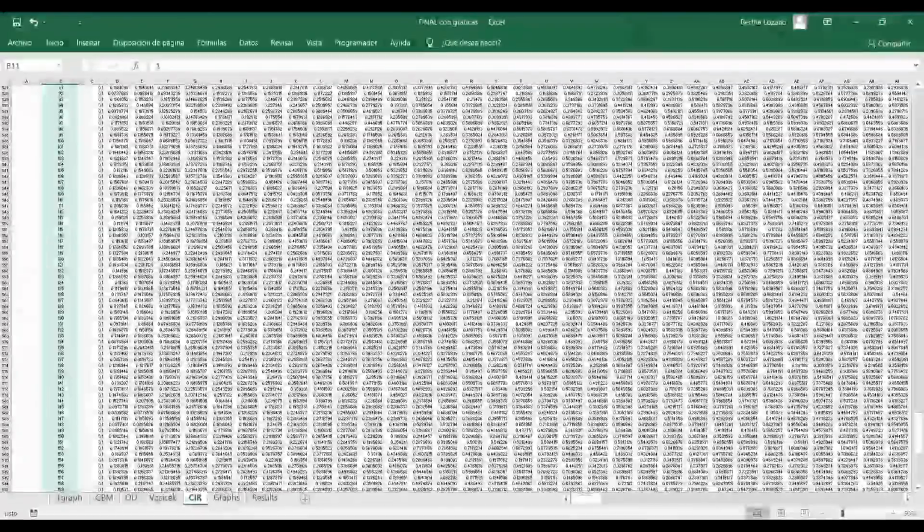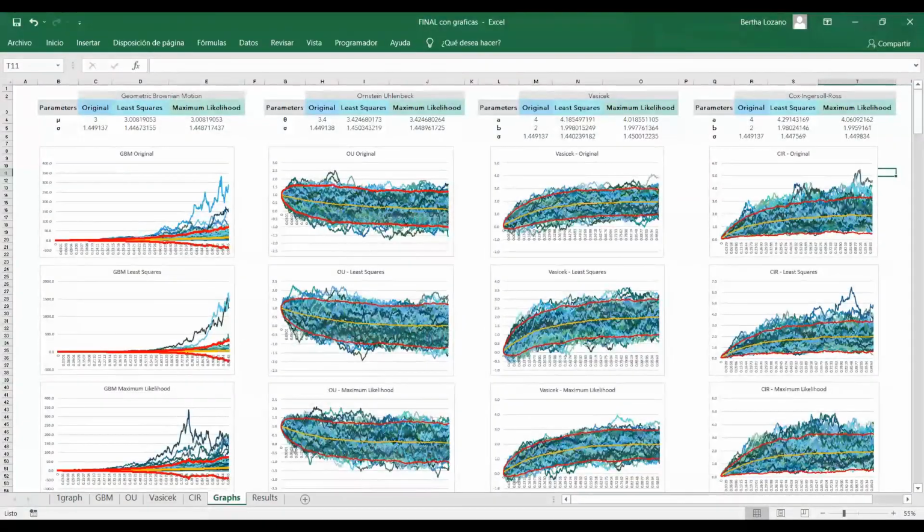With these results, we get the following graphs. We can see that the three graphs for each method are very similar. This is because the estimated parameters are highly alike and therefore give us similar results and trajectories. We can also see that the average, upper, and lower bound seem to be at the same levels. So using both least squares and maximum likelihood, we'll get parameters really close to reality that will help to make forecasts.